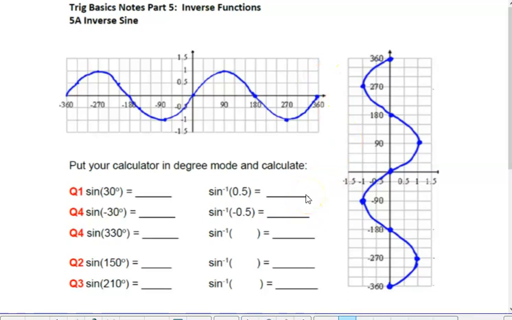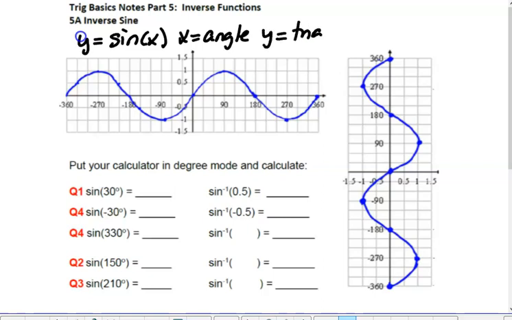And this is how we write them. Here we have y equals sine of x, where x equals the angle and y equals the trig value. For this graph, we have y equals inverse sine of x.